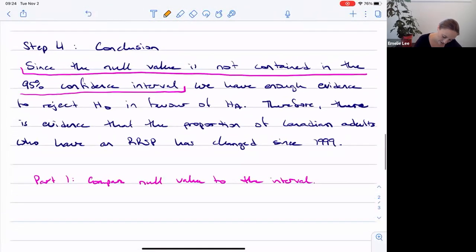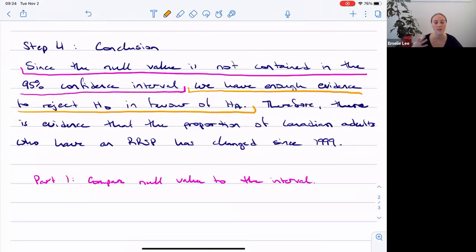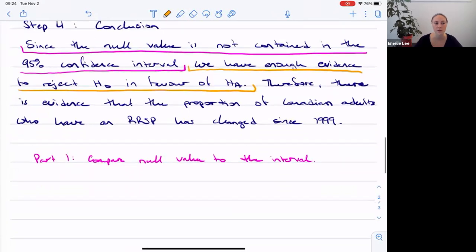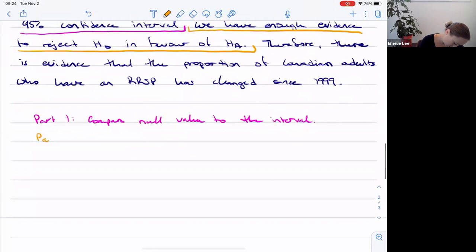Then we move on to part two. Based off of that, do you have enough evidence to reject H naught? So I'm going to summarize that as the conclusion in terms of H naught. So part two is the conclusion in terms of H naught.